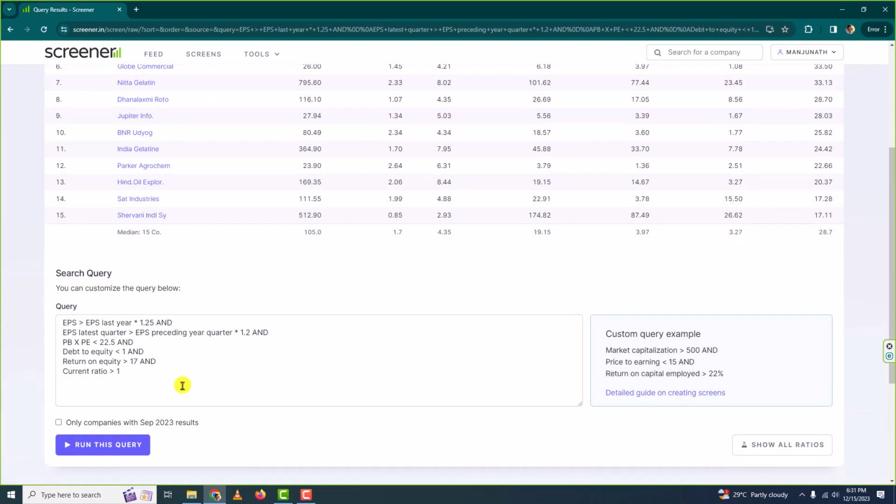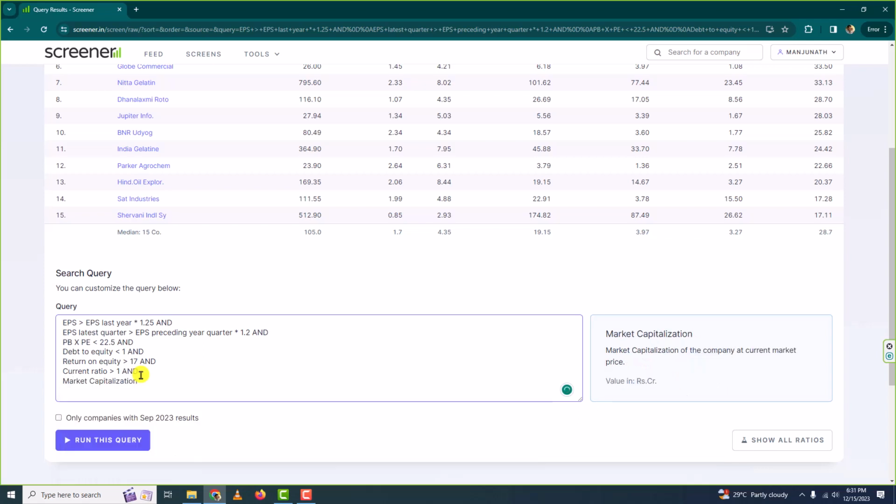Now I will apply one more condition here and explain it to you, and then proceed with the interest coverage ratio. I'll say market capitalization greater than 500. What is market capitalization? I have already made a video about it and posted it on my channel. You can watch that. What I want is companies with market capitalization greater than 500 crore rupees.